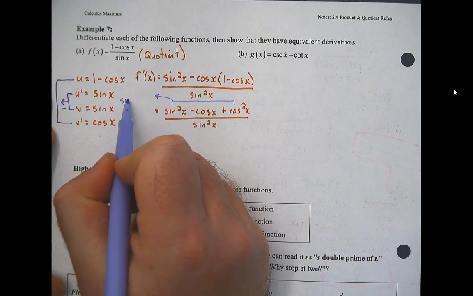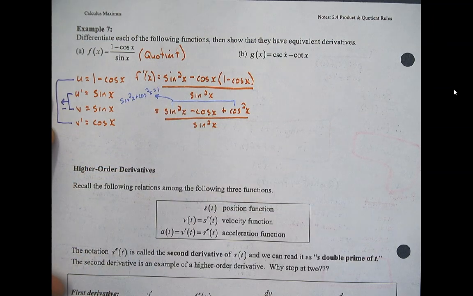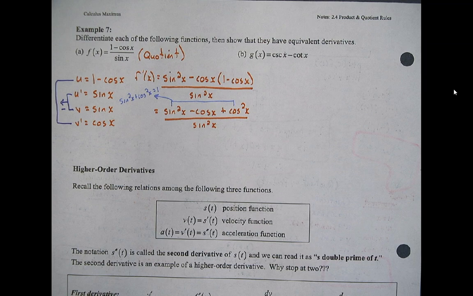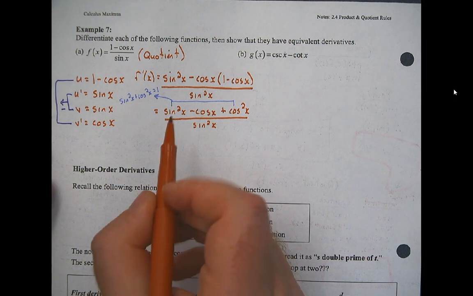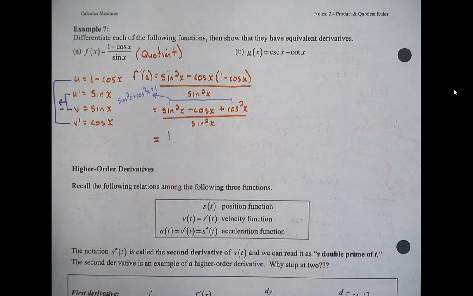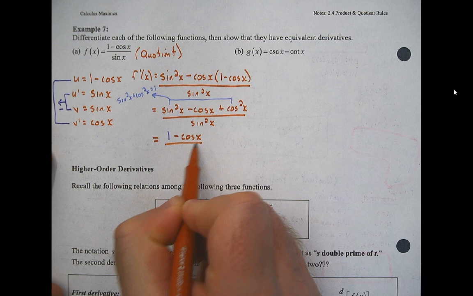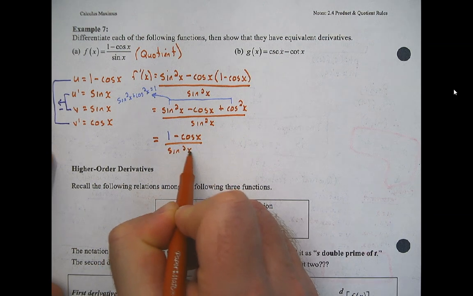Sine squared plus cosine squared equals 1. So I can rewrite this now as sine squared plus cosine squared is 1 minus cosine all over sine squared.